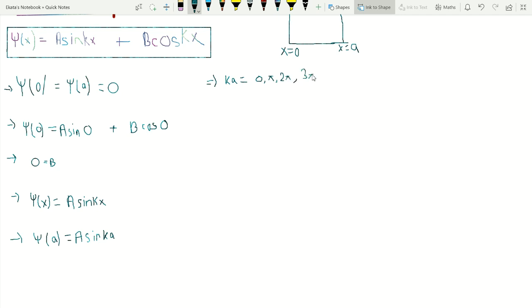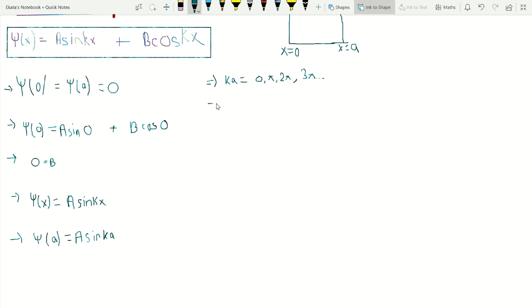You know that sin 0 is 0, sin 180 is 0, sin 2 pi is 0, sin 3 pi is 0. So if this quantity is 0, then psi(a) is 0. It means ka must be 0, pi, 2 pi or 3 pi, whatever.